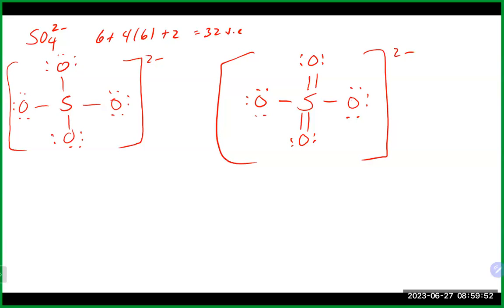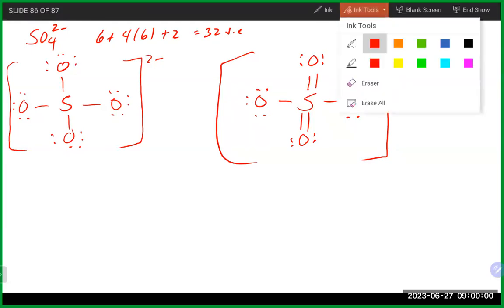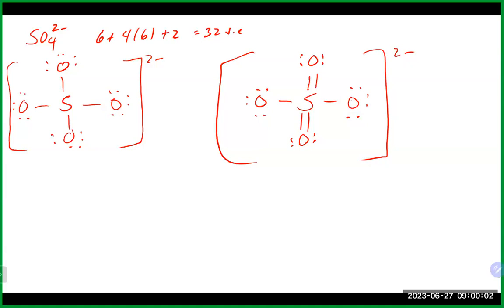All right, but this is another possible structure, and we could actually look at each of these and use our formal charges to decide, really in this case, is the single bonded approach really always the best approach? So if we look at the oxygen here, which are all the same, that would be 6 minus 6 for our non-bonding electrons, minus 1/2 of 2 for our bonding electrons. And that is going to give us a -1.